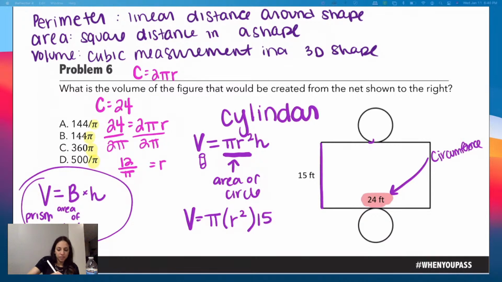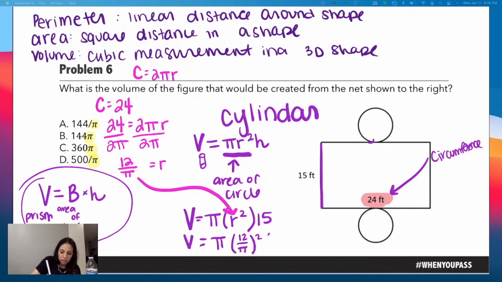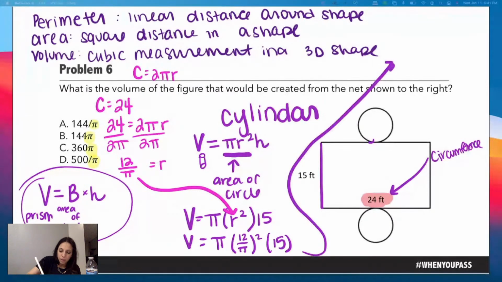Now I'm going to plug that value back into my r to find my volume. So volume equals pi times 12 divided by pi squared times 15. I'm going to finish this up here.